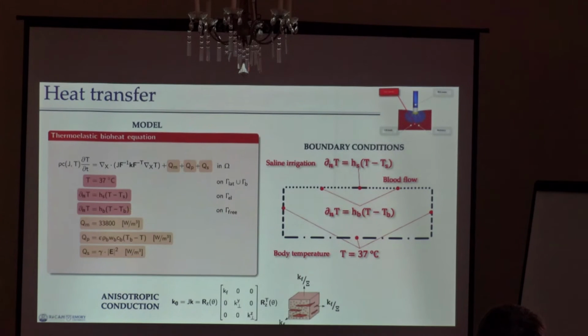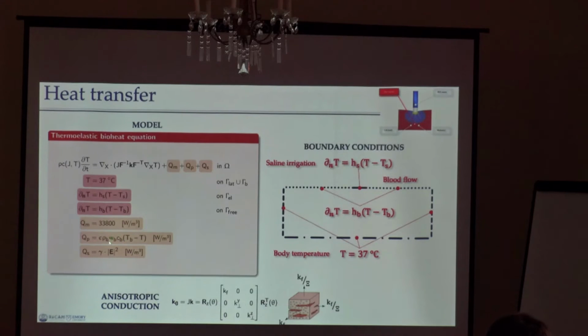And in terms of heat transfer model, we assume a classical Fourier type equation in the reference configuration because of the deformability of the domain. We have three source terms. The first one is the metabolic contribution of the tissue, which is a constant value according to the time scale. Then there is the perfusion term, which depends on the blood vessels inside the ventricular wall, and this is proportional to the delta T, so the difference of the current temperature versus the blood temperature.